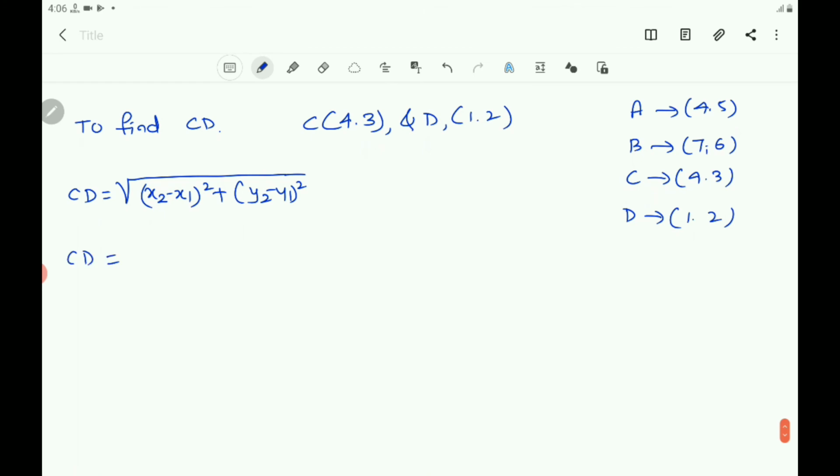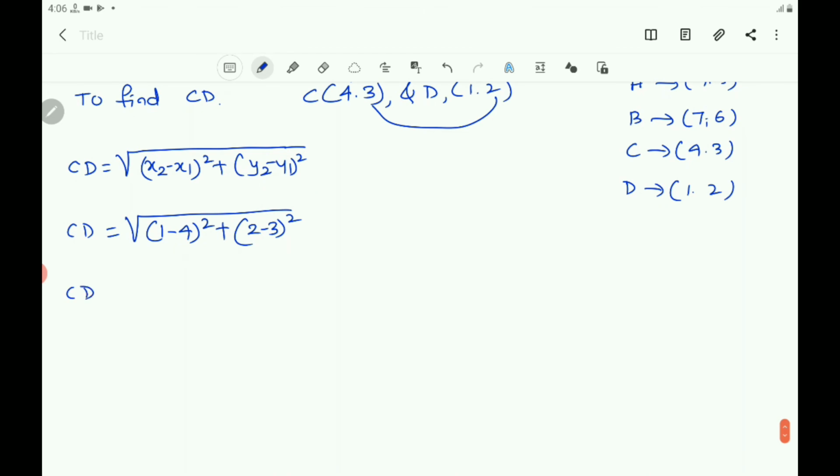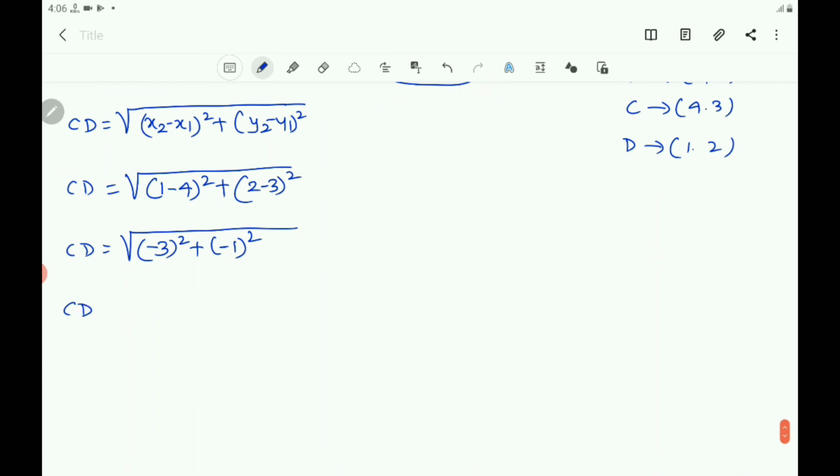Then, taking x1, y1, x2, y2, CD equals (1 minus 4) whole square plus (2 minus 3) whole square. 1 minus 4 is minus 3, whole square is 9; 2 minus 3 is minus 1, whole square is 1. So CD equals root of 9 plus 1, which is root 10. Now consider this the third one.